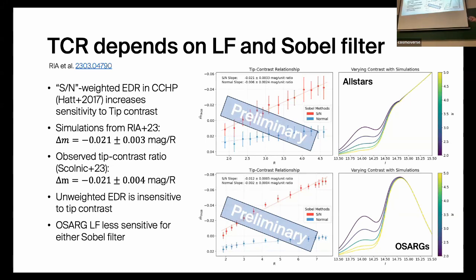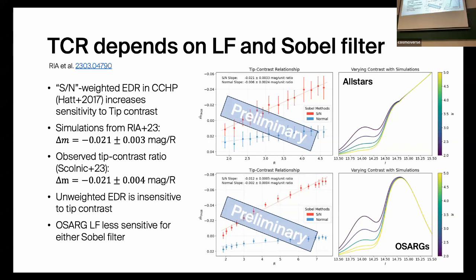We basically figured out that this tip contrast ratio is a direct consequence of a weighting that is applied to the edge detection technique that seeks to measure the inflection point here. So this is sometimes called the hat Sobel filter or something like this. It basically weights the Sobel filter response by the square root of the number of sources, and it ends up creating this tip contrast ratio.